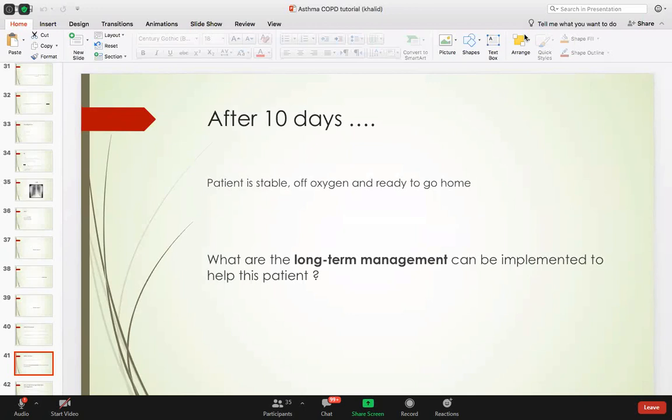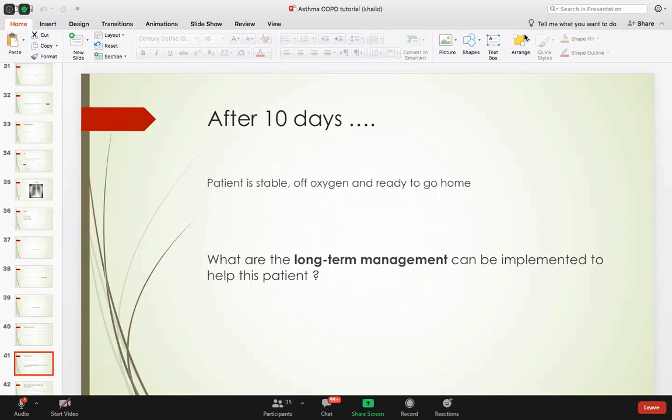Excellent. Smoking cessation, that's an excellent idea. Pulmonary rehab, that's an excellent idea. So pulmonary rehab and smoking cessation, those two major interventions can be provided. Good. What else? Pneumococcal and influenza vaccine. Excellent.